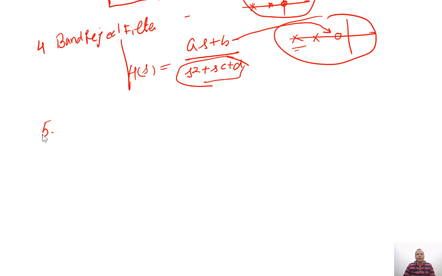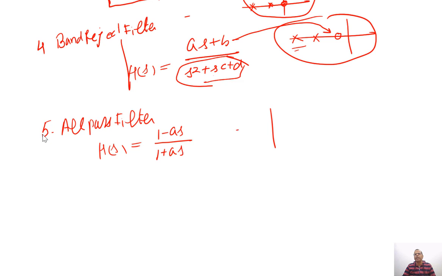Now the last filter to be discussed is the all pass filter. We will see the transfer function of the all pass filter. In case of a first order all pass filter, the general transfer function has 1 0 located in the right half of S plane on the positive real axis, and 1 pole located in the left half of S plane on the negative real axis, maybe at minus 1 by A, and 1 0 in the right half of S plane.